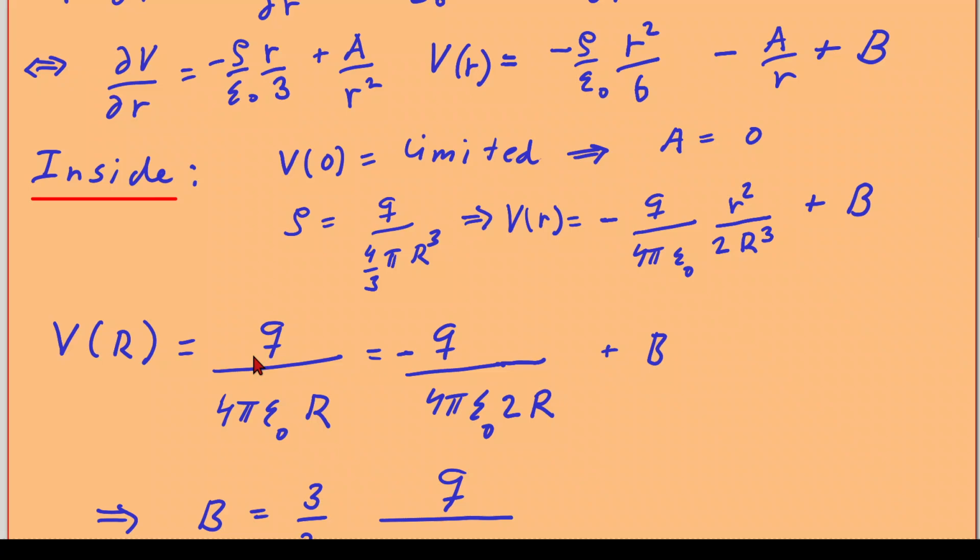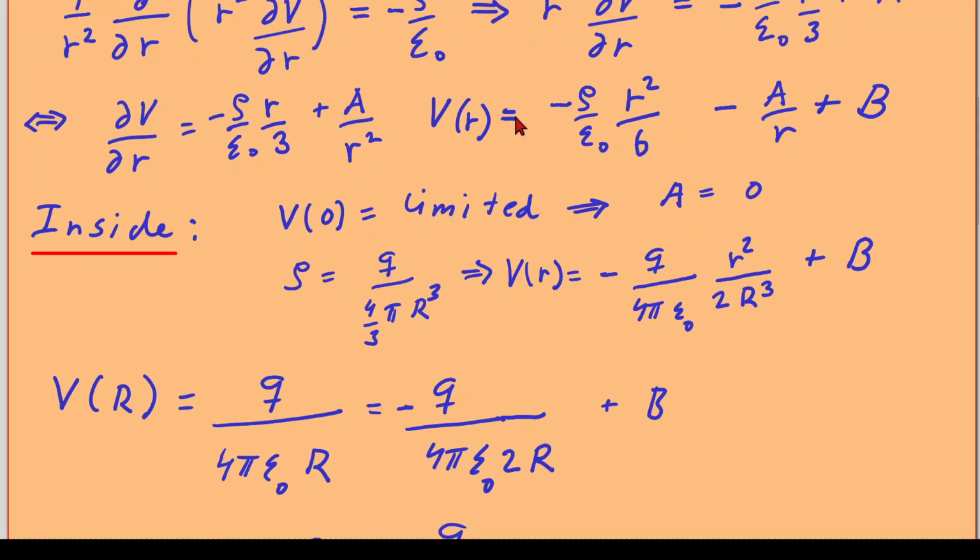So you have this, and then it should be equal to this here. I have put in the density here. Charge density is obviously the total charge divided by the total volume. So we can write it like this then.